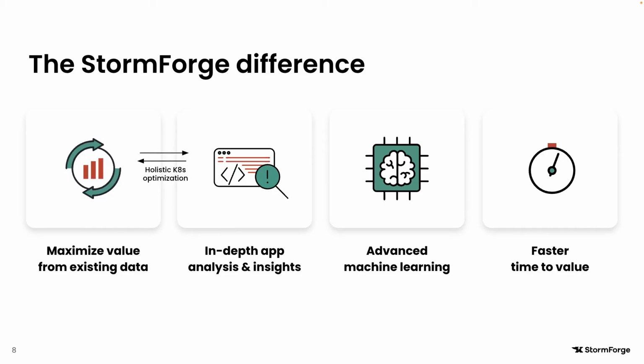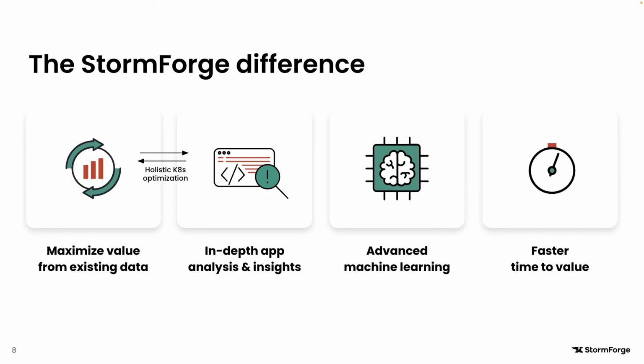These are some of the key things we think are important as you consider using machine learning for optimizing your Kubernetes environment and what makes StormForge unique. Most organizations are already generating massive amounts of data with their observability solutions, but there's often a gap between visibility and actionable insights. We help you close that gap and turn observability into actionability.